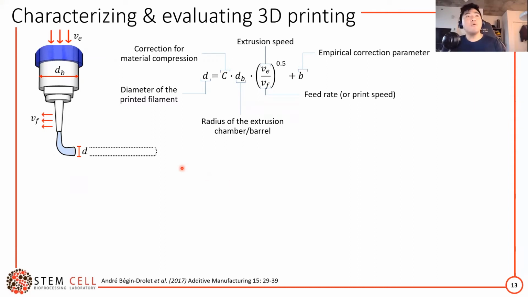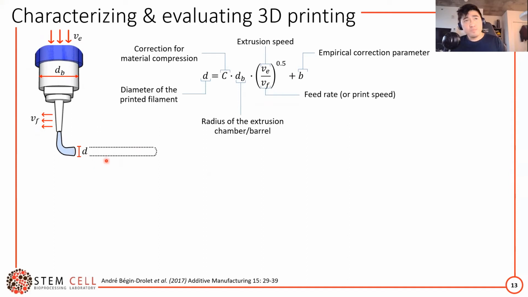This all boils down, in extrusion 3D printing anyway, to the diameter of the printed filament. If you go back to our 3D printing head, we have this filament that's being 3D printed, and what really matters is the diameter here. That's a big part of a lot of 3D prints. That determines the scale of your overall print and also is the limiting factor in the details that you're able to print.